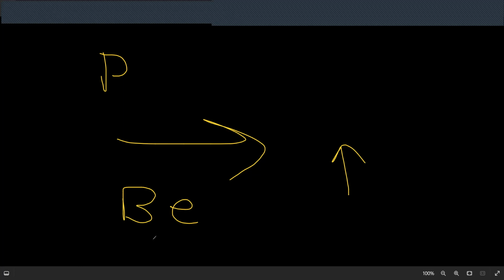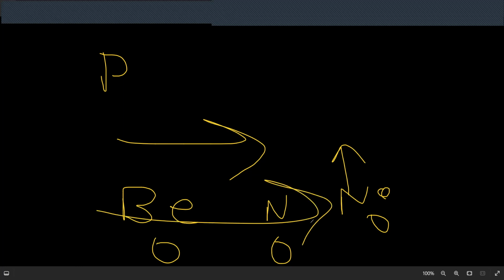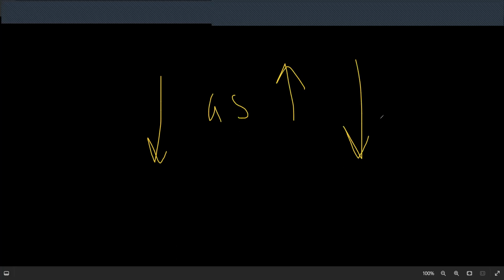For Be, it's almost zero, and Ne is almost zero when going from here to here. Now let's talk about in a group. On moving from top to bottom in a group, atomic size increases, due to which the tendency of the atom to attract an incoming electron decreases, hence EA decreases, which means atomic size increases, so EA decreases.